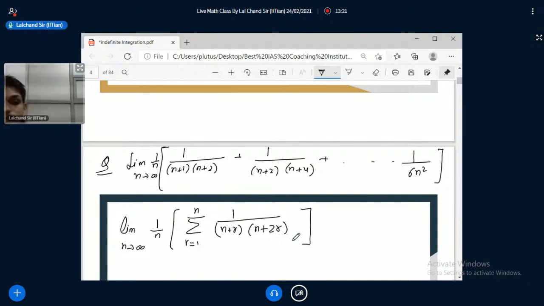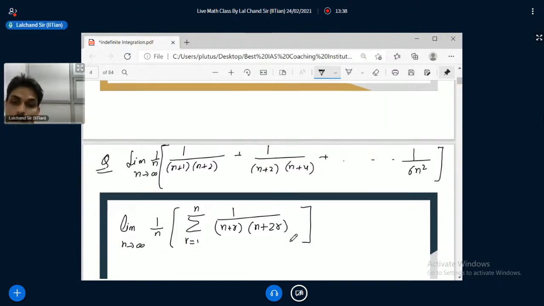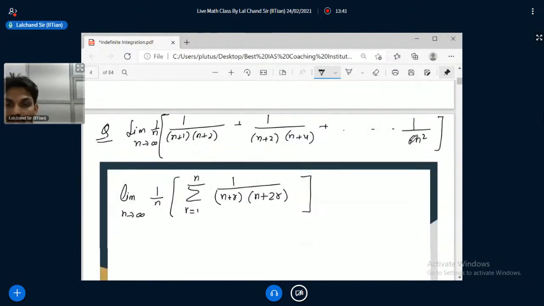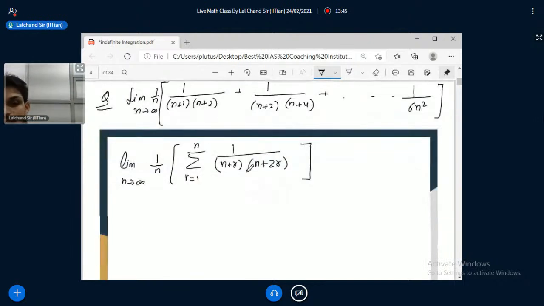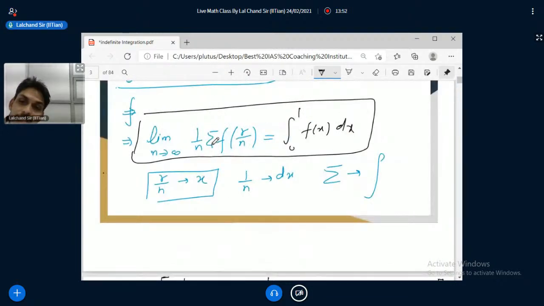Can I write like this? This whole equation can be written like this. Anjita, are you following this? Okay, so if I write the whole equation in the form of sigma, now if I take n as common from these two, what will be outside? How do you formulate this equation now?